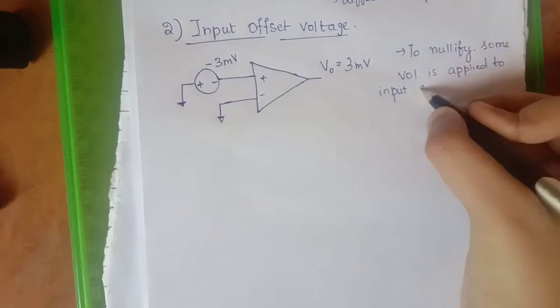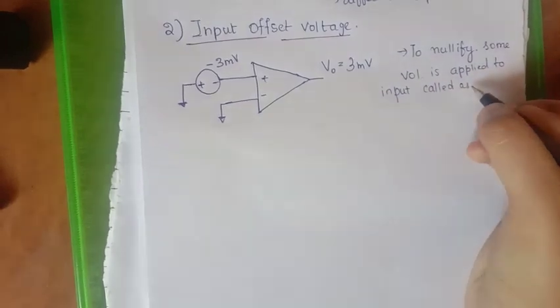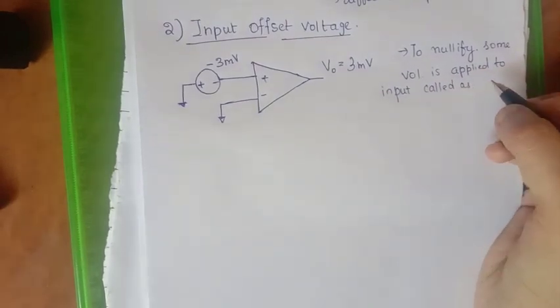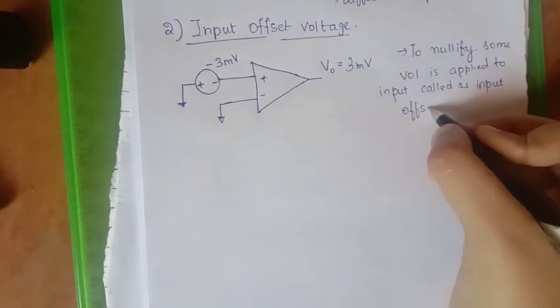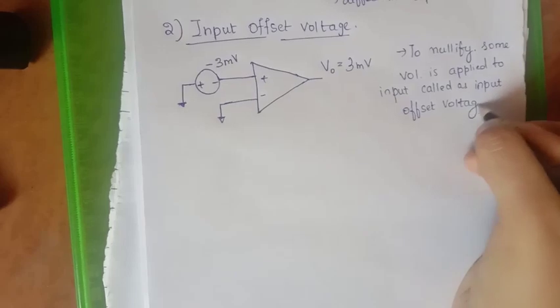This voltage is termed as the input offset voltage. That's about the input offset voltage.